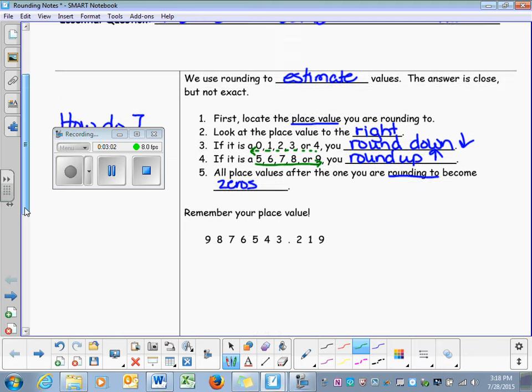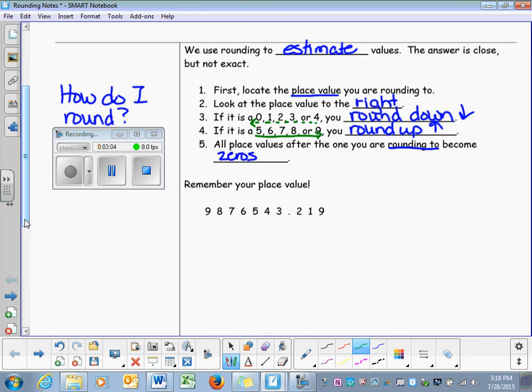In order to do all of this, we still have to remember our place value. Because most of the time when you're asked to round, it'll say round to the nearest hundredths place, or round to the nearest unit, or round to the nearest thousand. So if you don't know your place value, there's no way to do that.